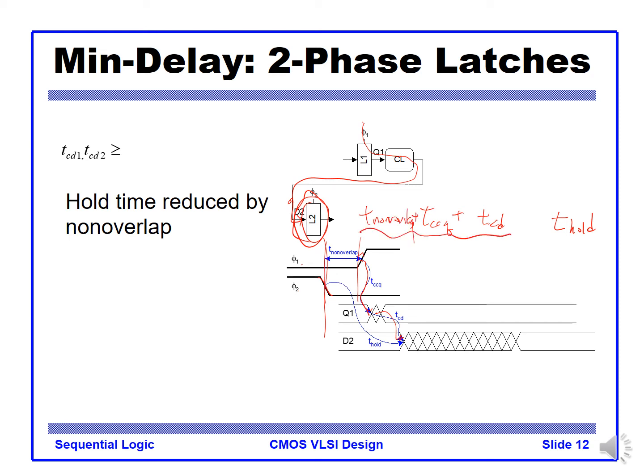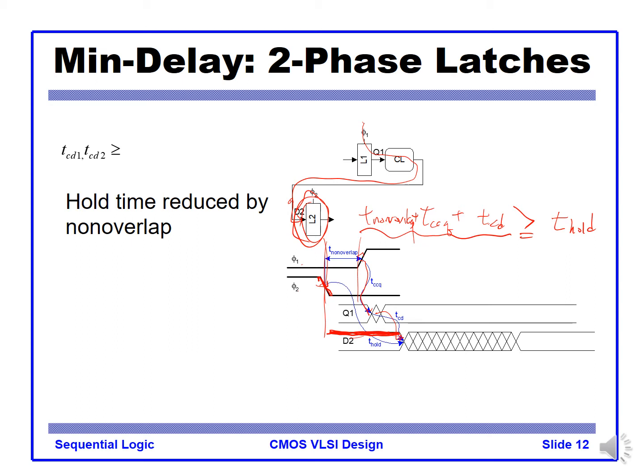plus the contamination delay must be longer than the hold time, so that the data on L2 will stay high enough, right? There is a certain hold time requirement. Data should stay high even after the falling edge of phi2 happens. This is the requirement of the T hold.